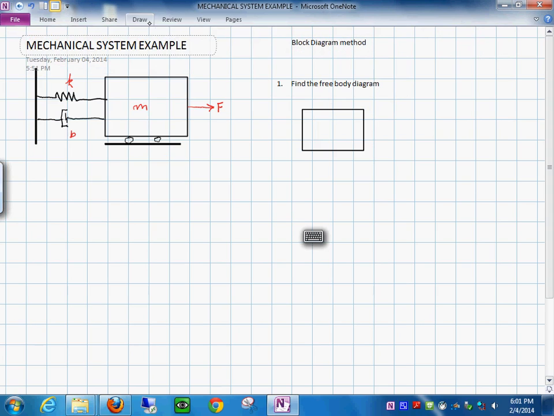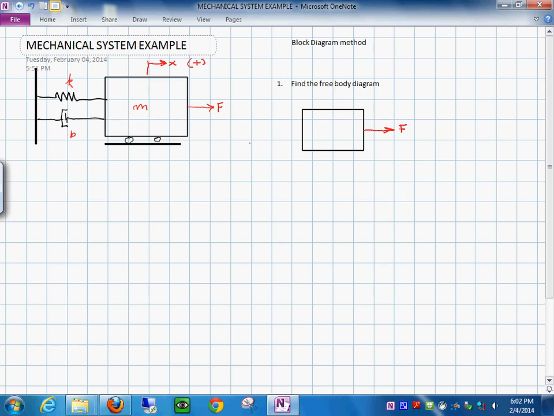Here is the force to the right-hand side. We're going to call this F. If we pull it to the right and measure the displacement X, this is going to be the positive direction, to the right. Negative would be to the left.